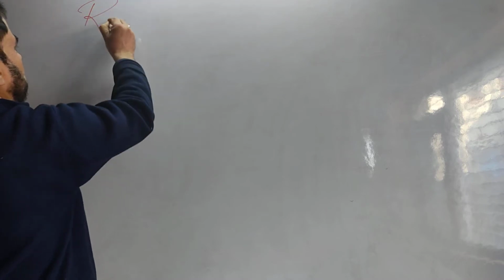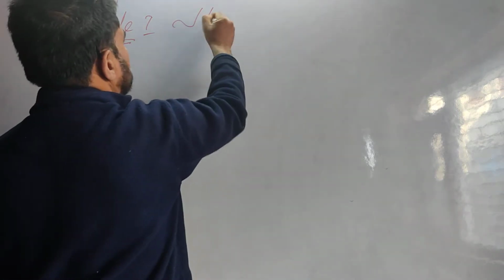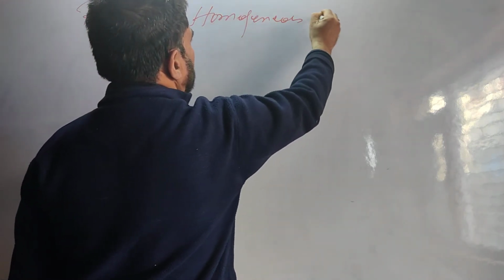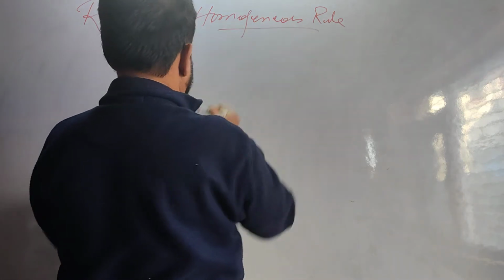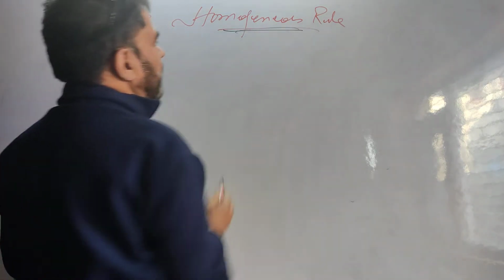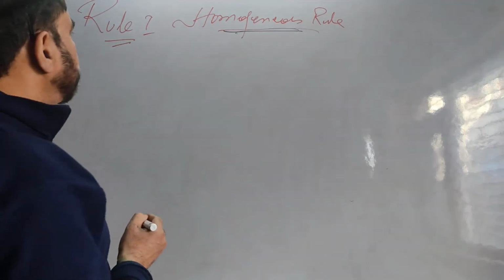Well, rule number 1 is also known as the homogeneous rule. What is this homogeneous rule? Very simple. I will write it.